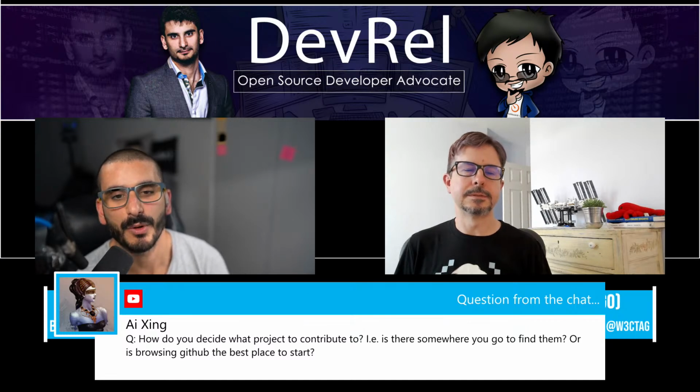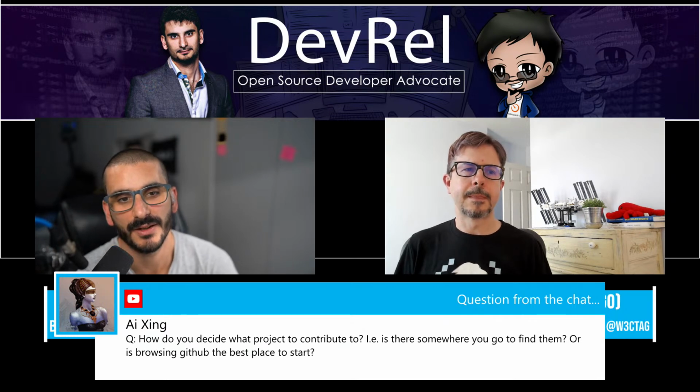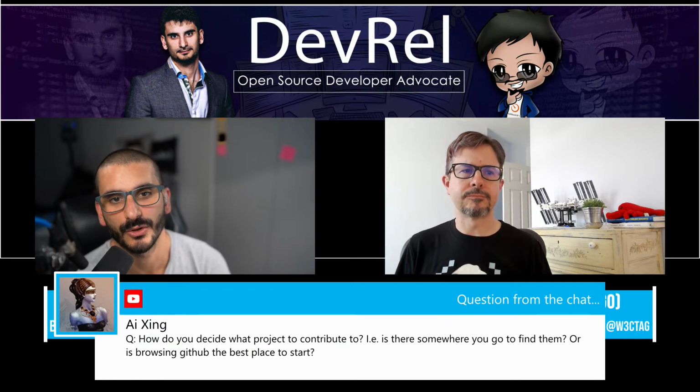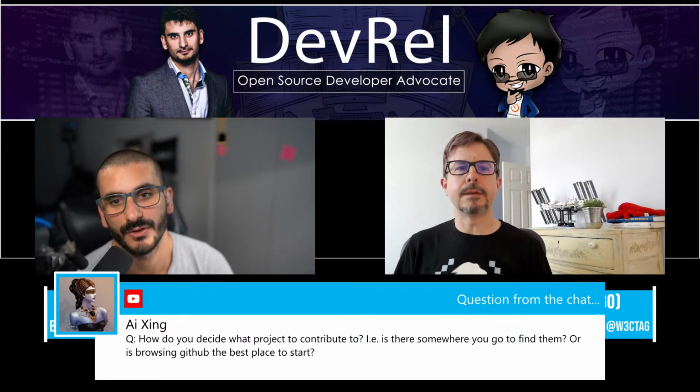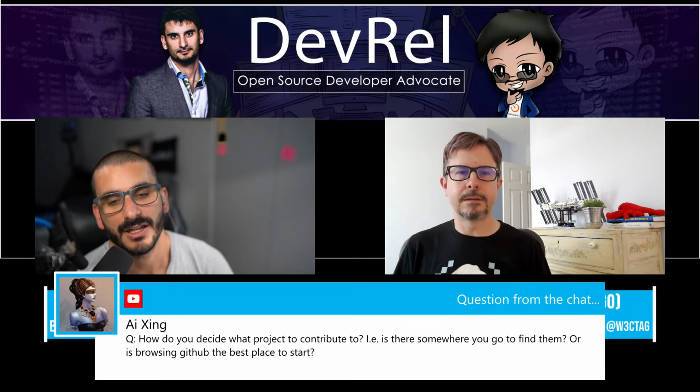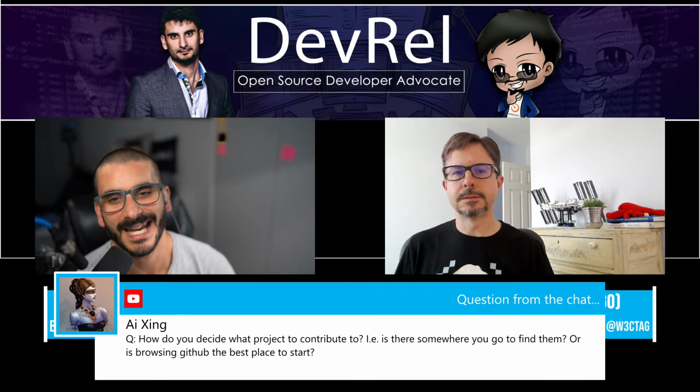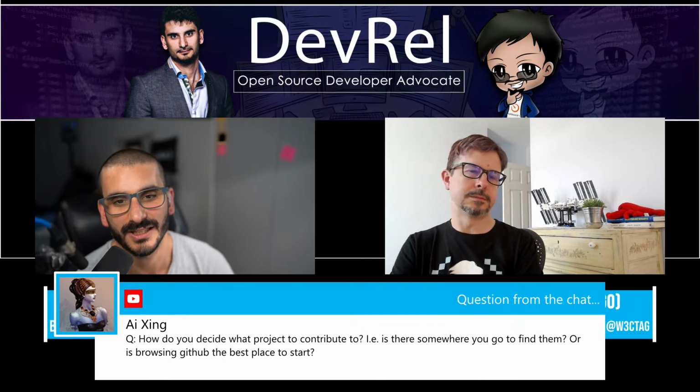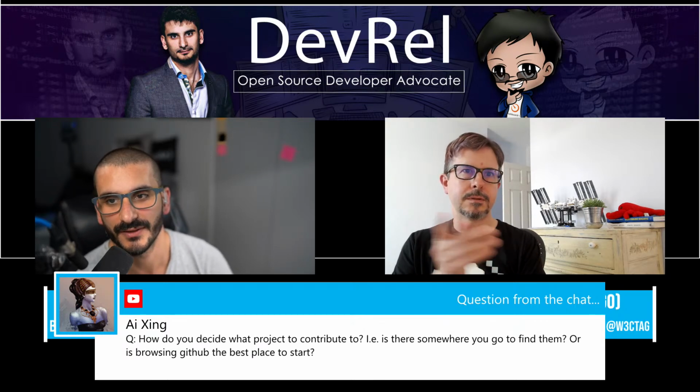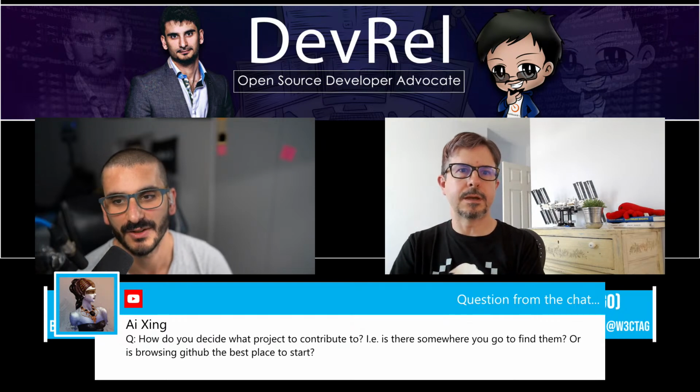It's what projects are you using already? What projects are you familiar with, or what projects are your friends working on, or you've been to see a talk about the project and you got excited about it. You will find other projects once you find a project. So just pick anything, I think, and get started, and then you will discover so many more people, more projects, and everything else from there.